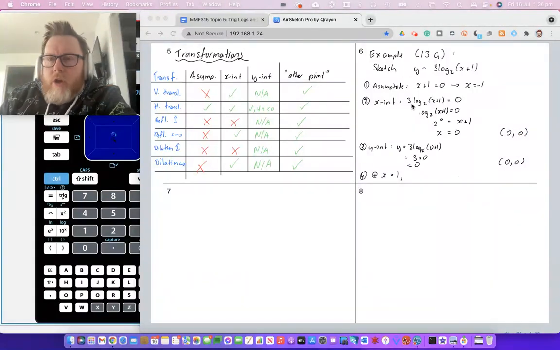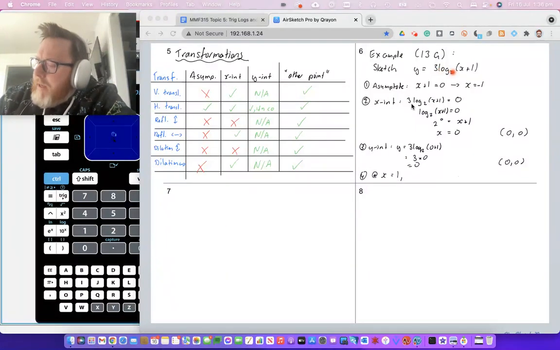Now, I wonder why I chose x equals 1 for my other point. Maybe think about it. Pause it and think about it if you can, but I'm going to move on. At x equals 1, why did I choose that? For log base 2 of whatever the argument is, I want it to be a nice simple number so I don't have to reach for my calculator.